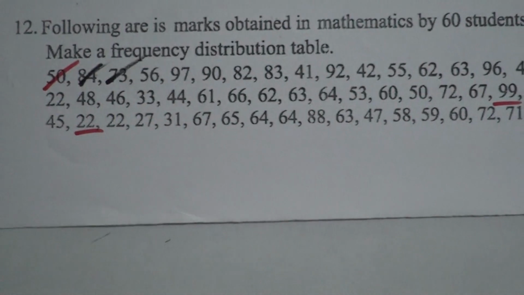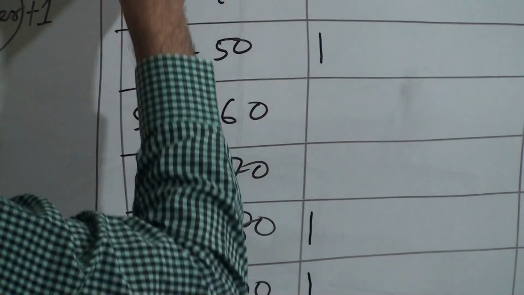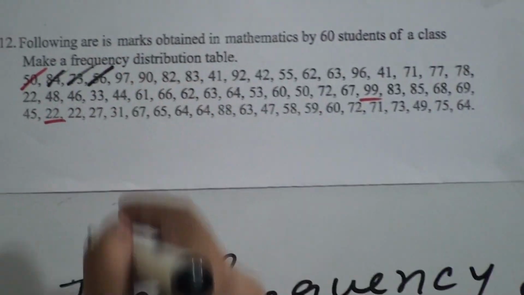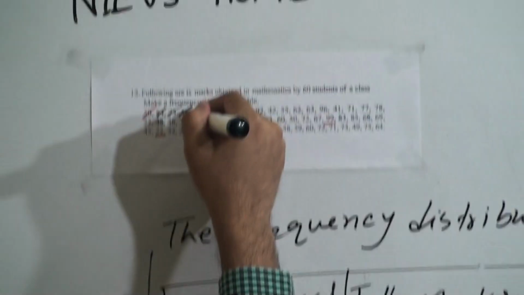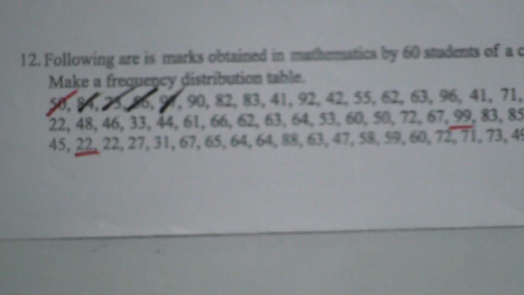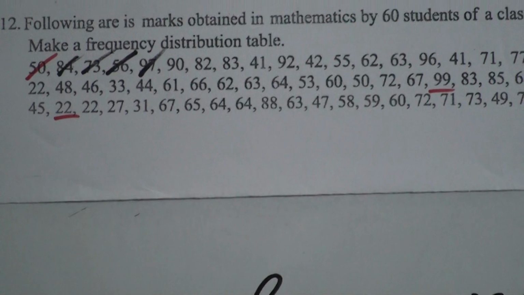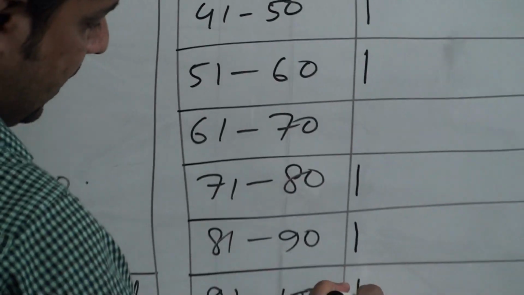The third one is 73, which is in 71 to 80. Then 56, which is in 51 to 60. Then the next number, 97, is in the last class, 91 to 100.